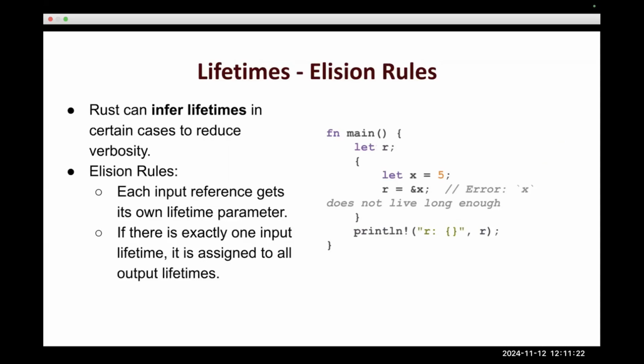For example, each input reference gets its own lifetime parameter, which it can infer from your scope, basically parentheses. If there is exactly one input lifetime, it is assigned to all the output lifetimes. So that could be inferred, and the lifetime for the output will be the same.